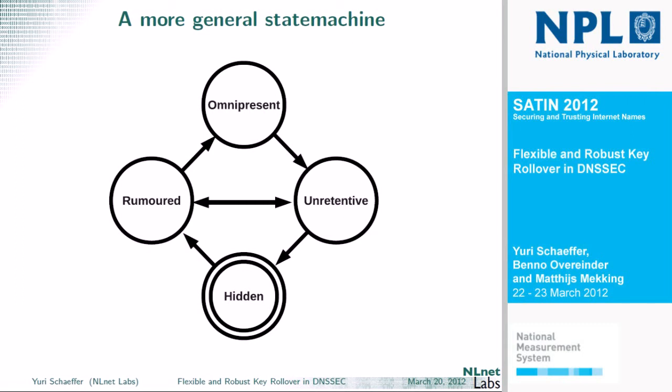Another thing to note here is we can actually switch between the uncertain states, and that's quite important to achieve this emergency rollover, or to ensure we always have the shortest path to get rid of a key.